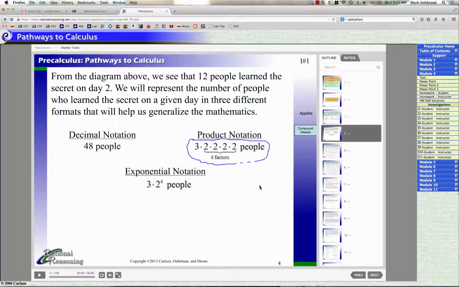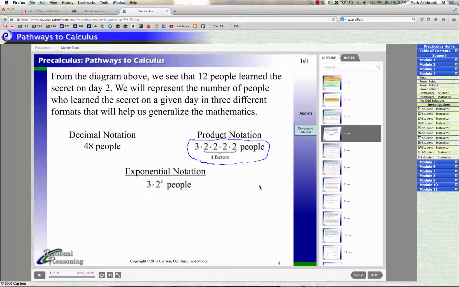What day? On the 4th day. So how is it that product notation gives us the total number of people who have learned the secret on the 4th day? How does that work? Why that calculation to get us the number of people who know the secret on the 4th day?